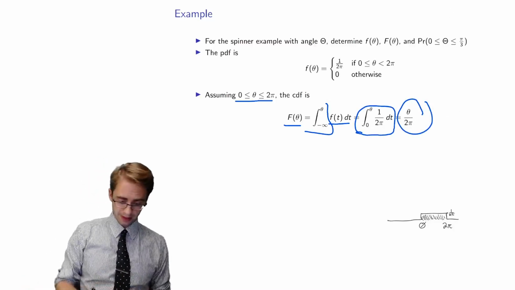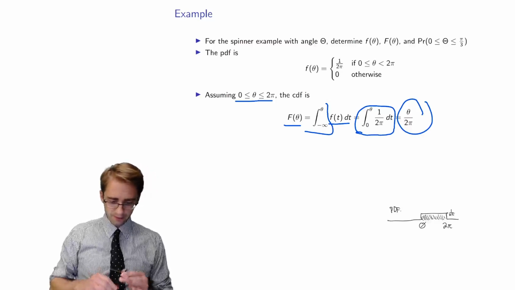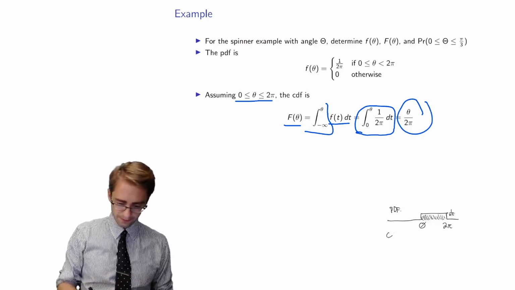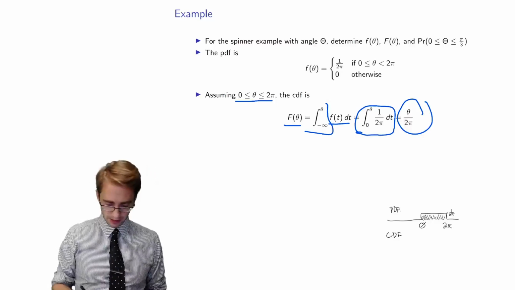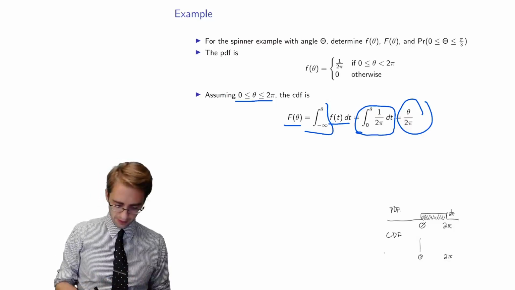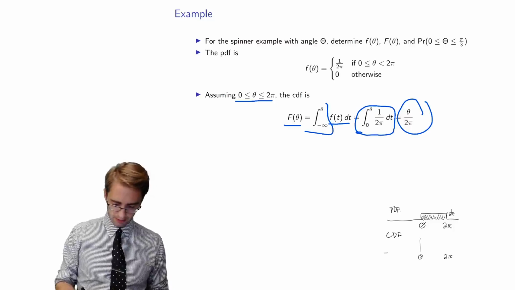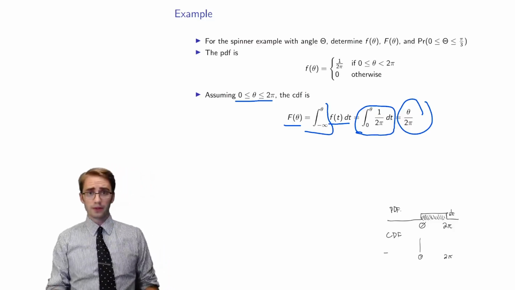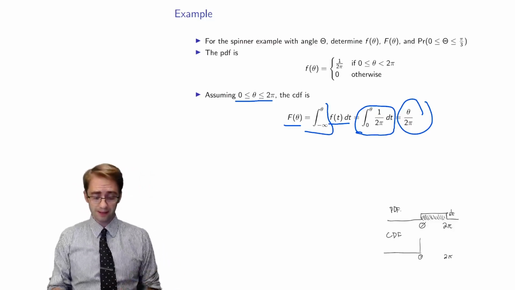Okay, so what does the CDF look like? The CDF looks like this. I should make a little note here. This is the PDF. And then the CDF looks like the following. I'll do the same, just a line there. This is 0, and this is 2 pi. And then the CDF is 0 like that, because of course, there's no way that the spinner can be pointing in something negative.